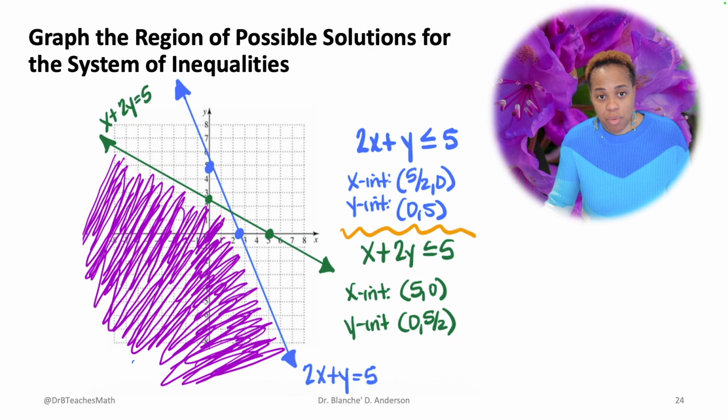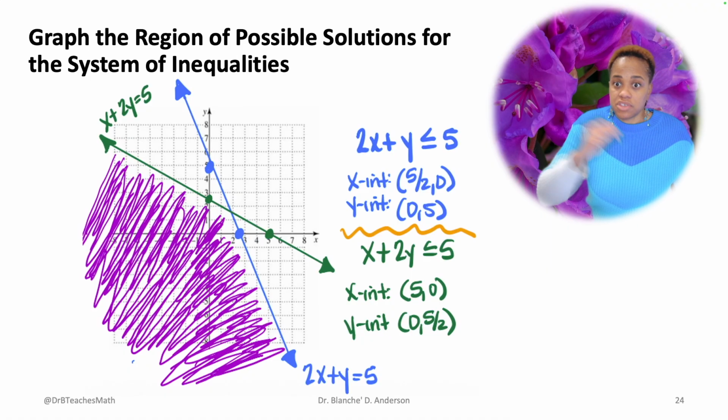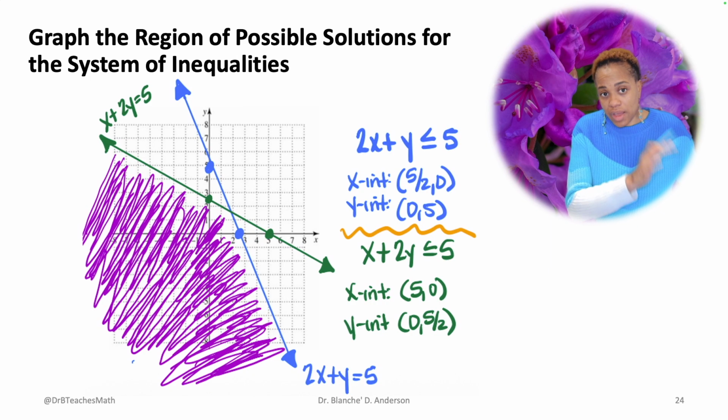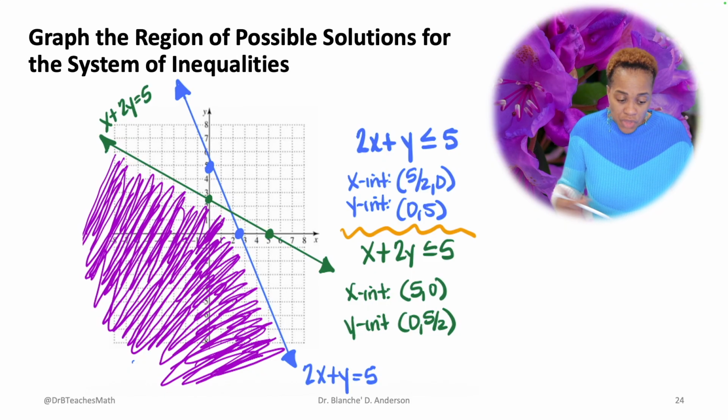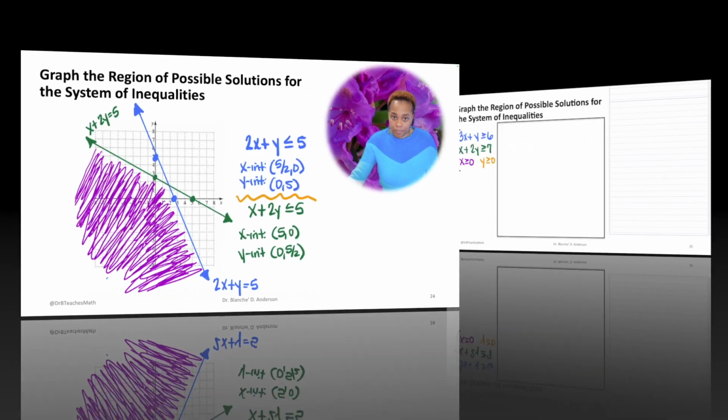You have all these different points that you can test. Just make sure that they work for both equations before you say this is where my solution is. So when it's one inequality, it has to work for that one inequality. But when it's a system, your solutions have to work for the entire system.